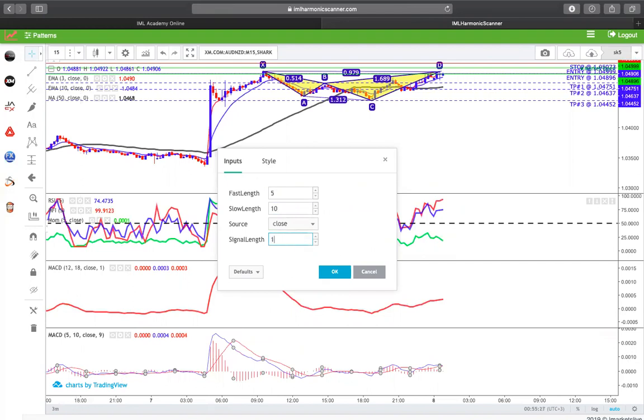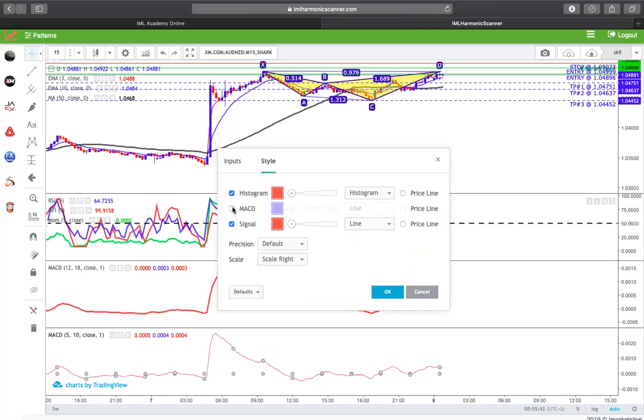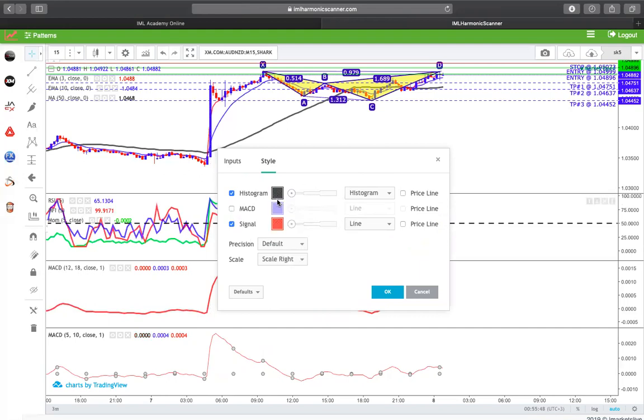Yep. And then you go to style. You check histogram. You uncheck MACD. Histogram should be black. Don't know why, but okay.